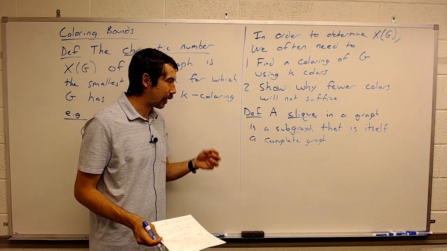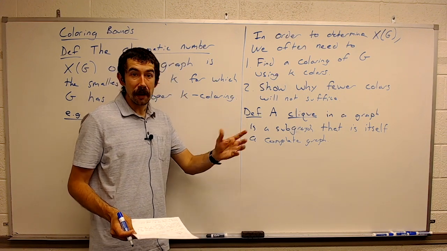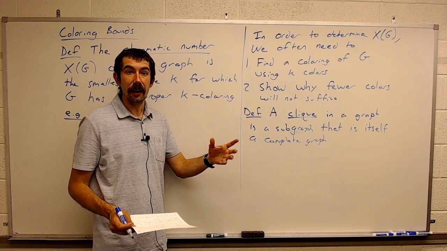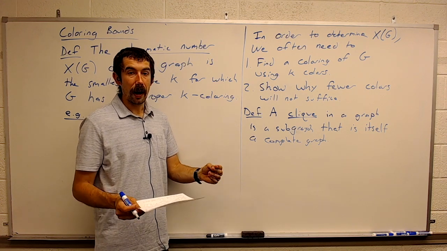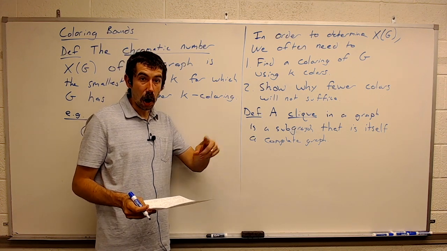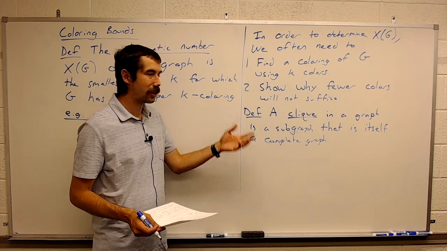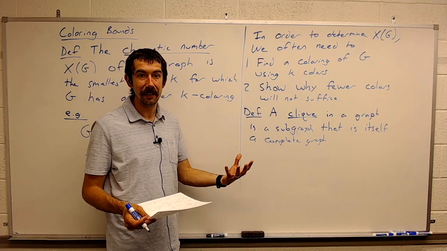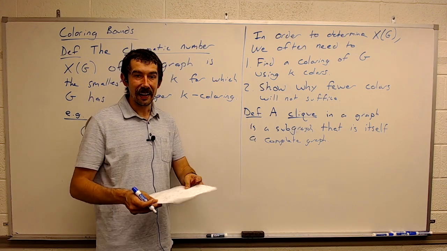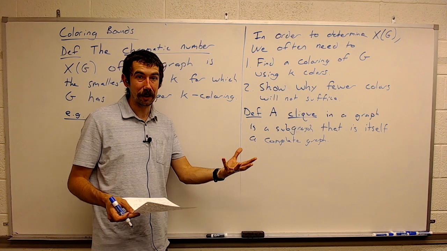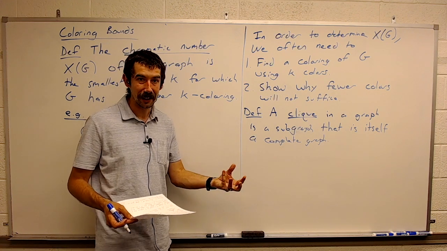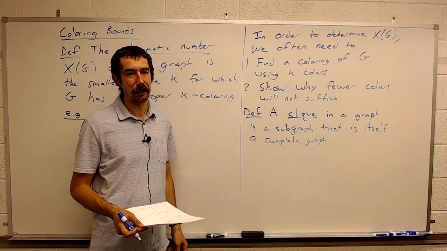Okay, what is this saying? It's saying it's some collection of vertices in our graph where that collection has all possible edges between it. They're all neighbors with each other. Okay, so think of it like a friend group. In your school, there's some friend groups, and in those friend groups, they're all friends with each other. The edge would represent friendship.